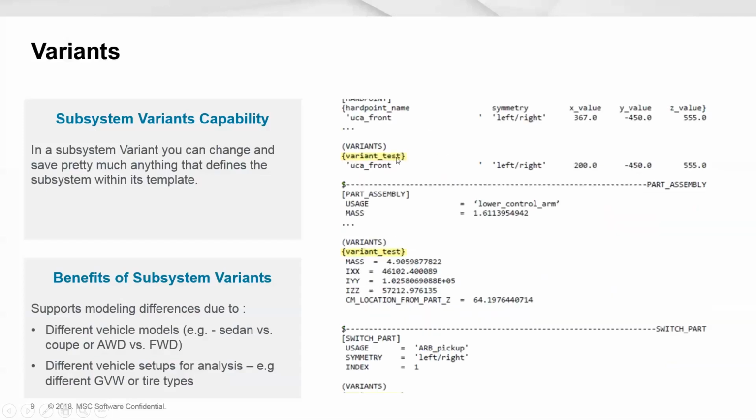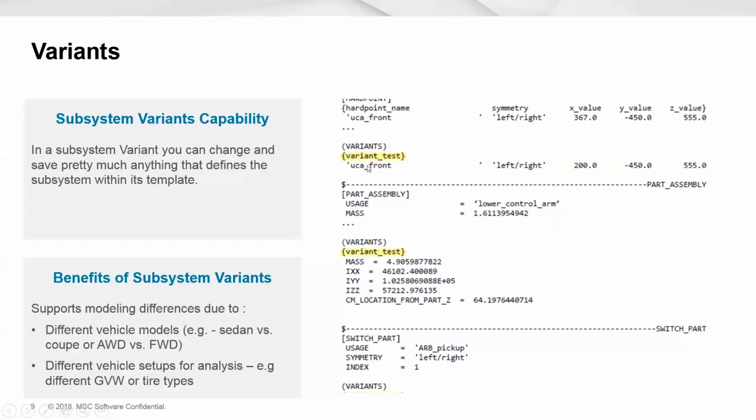When you look at the file that defines a subsystem variant, what you'll see is the definition of all the detail for that subsystem. And here we've got that abbreviated. But what you'll then see below that is a section called variants. In the curly brackets or braces, you'll see the name of a subsystem variant, and then any particular item that is different than the default will be noted here, but only that particular item.